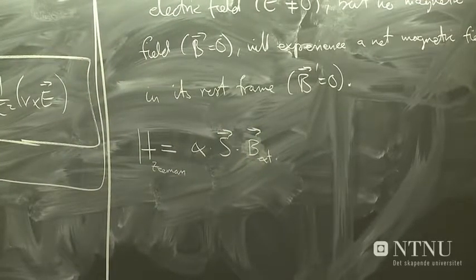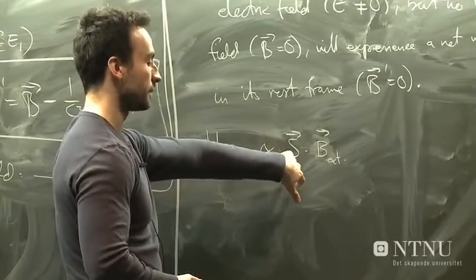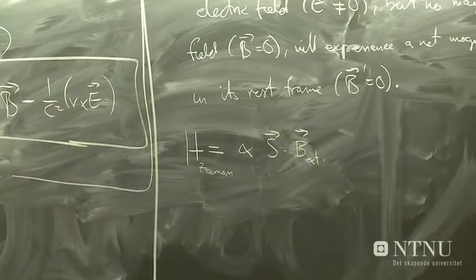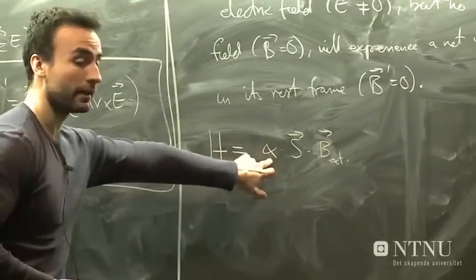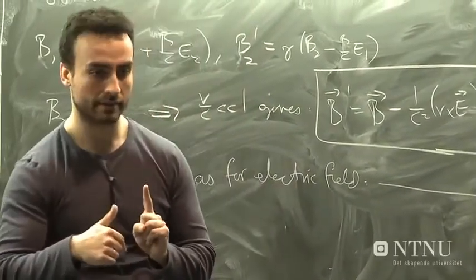So alpha is the coupling constant here. S is the spin of the particle, for instance the electron, and B external is the external magnetic field. So you see that depending on the sign of alpha, the spin will prefer to be oriented parallel or anti-parallel to the magnetic field.